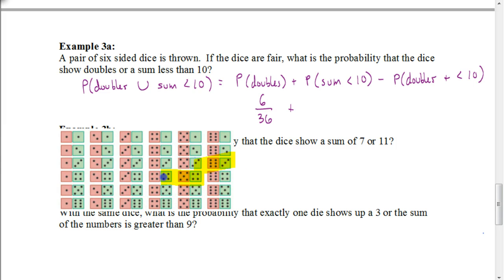All of these here are situations where we have a sum less than 10. So we have 3, 4, 5, 6 that are not, which means we have 30 that have a sum less than 10.